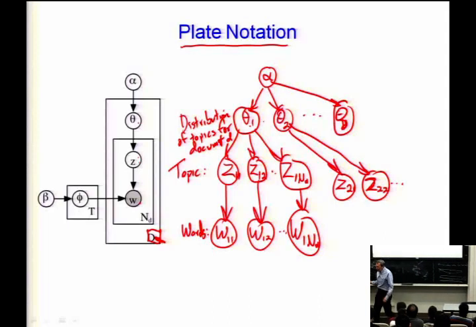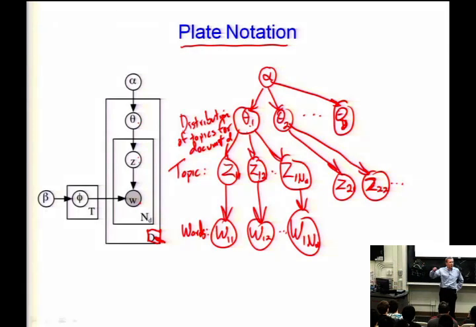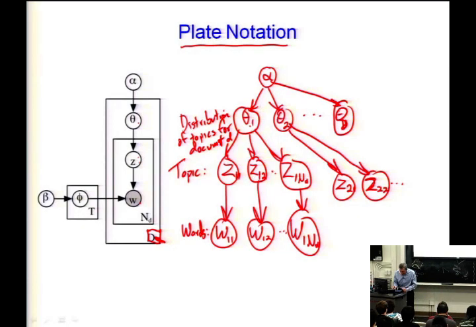Suppose I allow 20 topics, then theta is just a distribution over those 20 possible values that Z could take on. And then, what is alpha? Alpha is just the prior on theta.